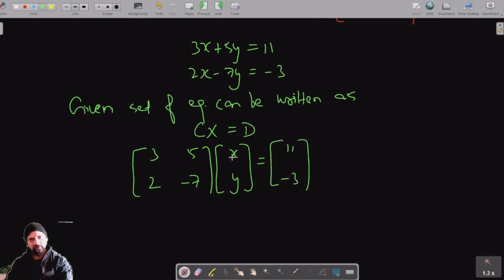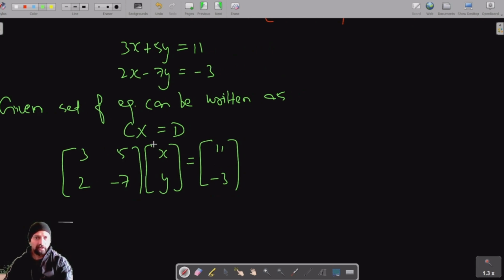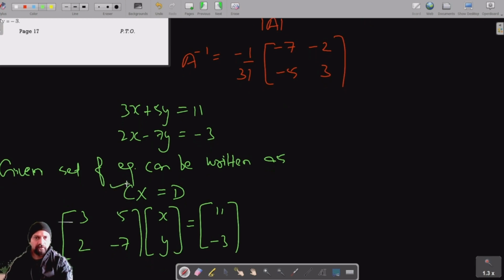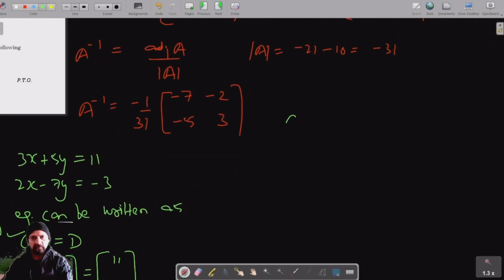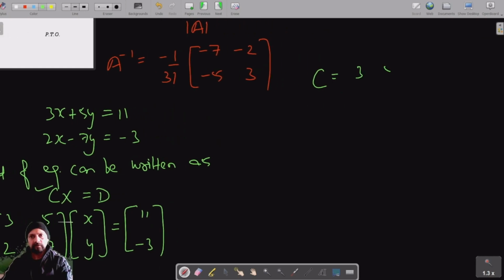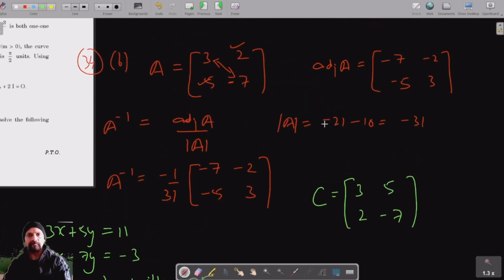And we have to find the value of X, that is x and y. Now, if we check C, so C is 3, 5, 2, and negative 7. So this is the value of C.